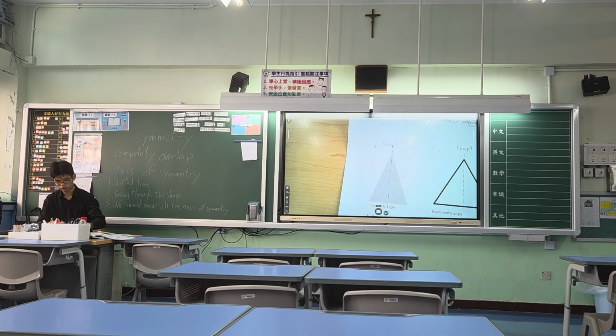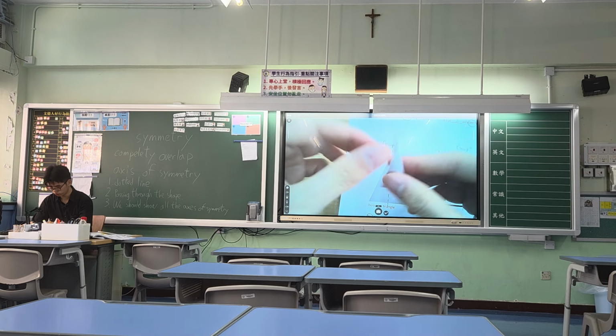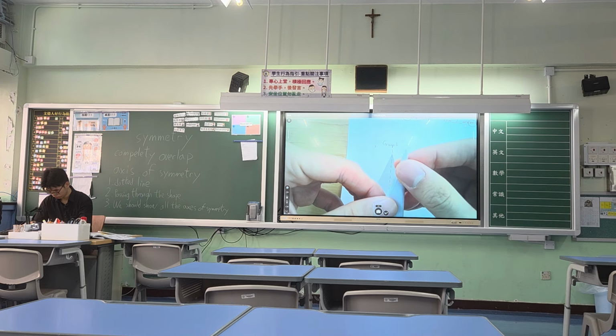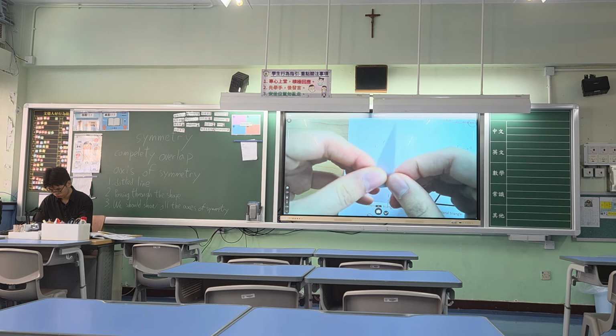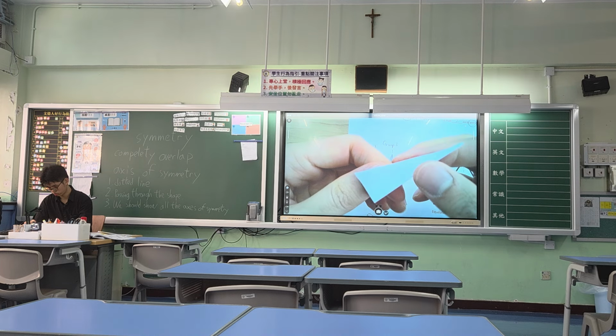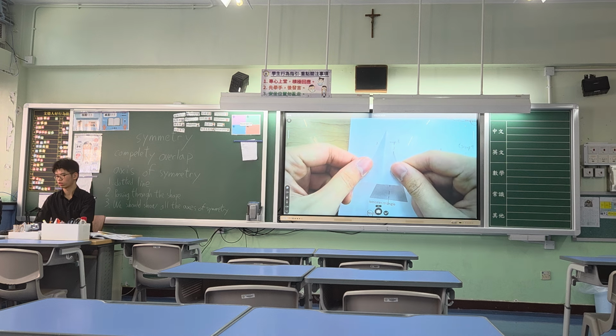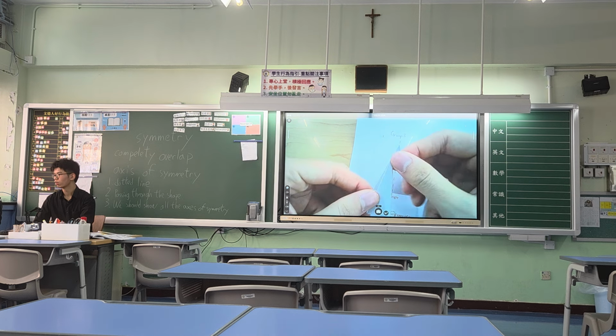So, isosceles triangle here. And when we throw it in this way, this, okay? Completely open.